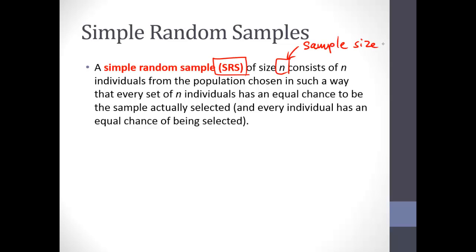We've already been doing that, but that will continue to be our notation. Whenever you see an n, that means how many people are in your sample. So a simple random sample of size n consists of n individuals from our population, and we're choosing them in such a way that every group of people of that size has an equal chance of being selected. Think about that as just meaning that everybody has an equal chance of being selected to be a part of my group.